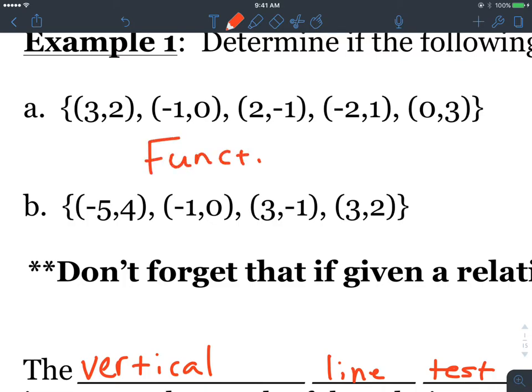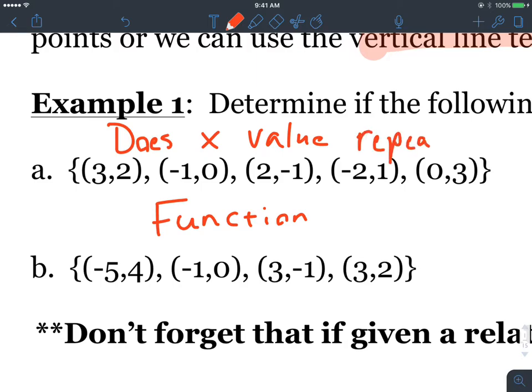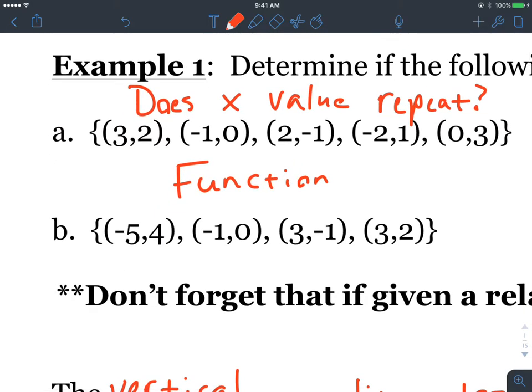A good way or a shortcut when people are looking at tables and stuff like that, or even ordered pairs, ask yourself this question: does the x value repeat? Does the x value repeat? Because on this second one right here, the x value 3 repeats.